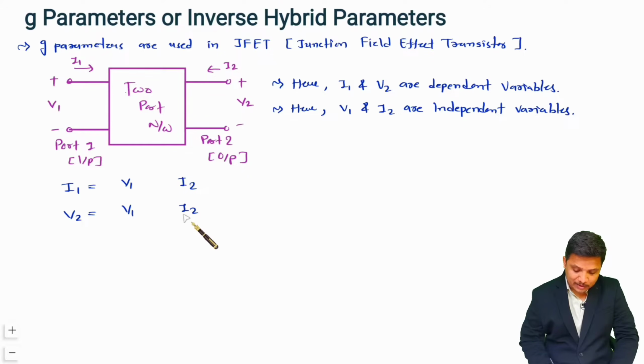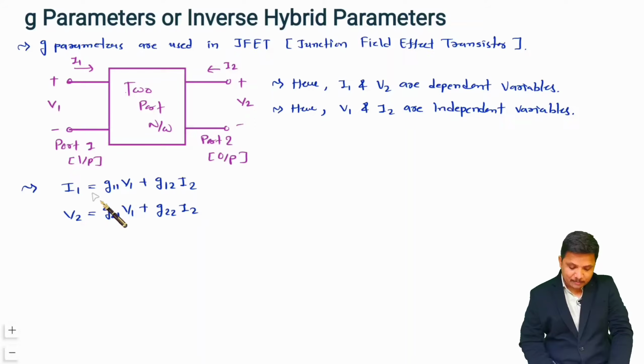So the equations are I1 equals G11 V1 plus G12 I2, and V2 equals G21 V1 plus G22 I2. That is how the G parameter equations are written.